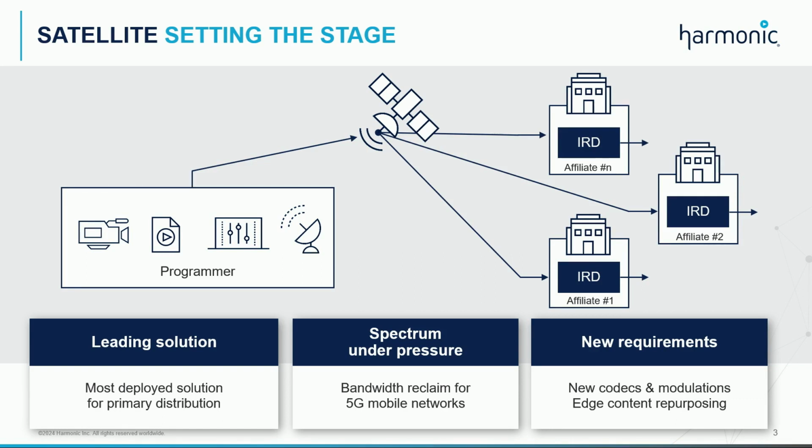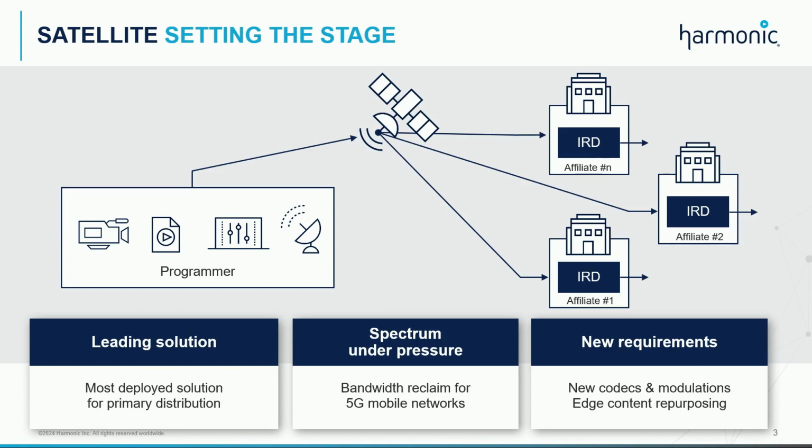That being said, we all know that this satellite transmission is using bandwidth, and there are more and more constraints coming from governments and authorities trying to reduce the spectrum which is allocated to video delivery systems and handing this over to, for instance, telecommunication companies.